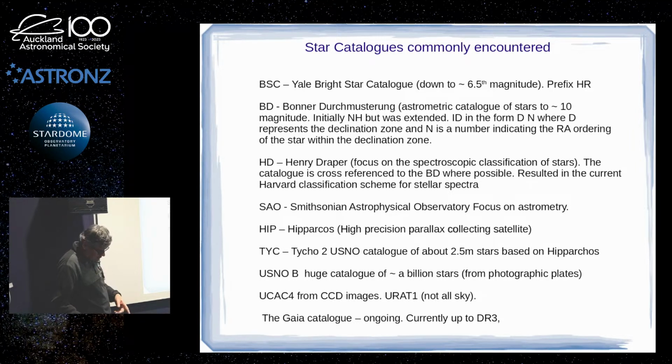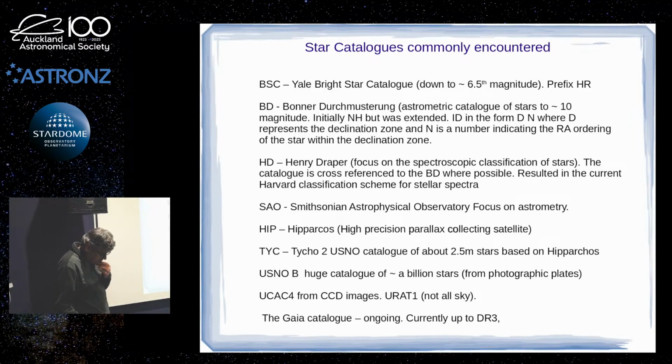And then you've got the US Naval Observatory catalogues, Tycho 2, and USNO catalogues, and also the UCAC series. They're all put out by the US Naval Observatory. And of course they're interested in this for navigational reasons.